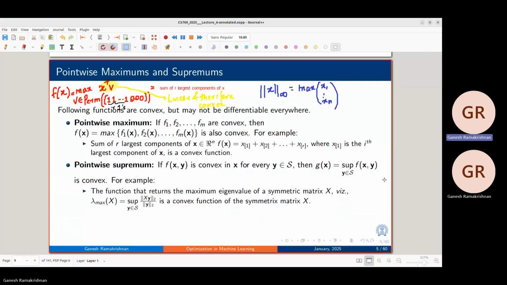And this y is in some S. So we're going to take examples, and the most classic case is that of the supremum over real valued y in R^n of the L2 norm of matrix X times the vector y divided by the 2 norm of y.